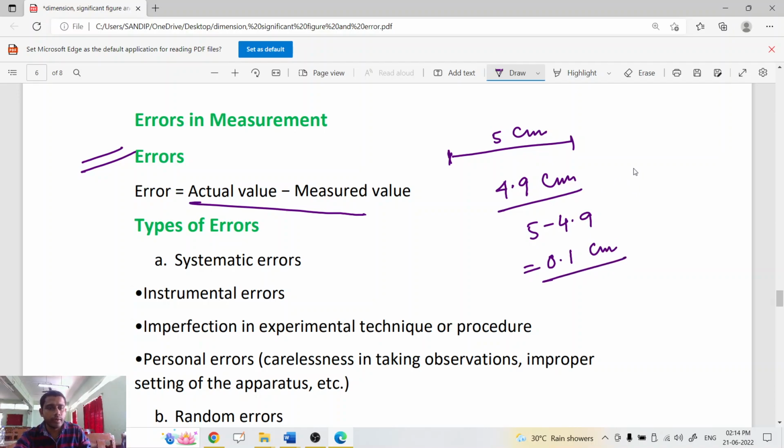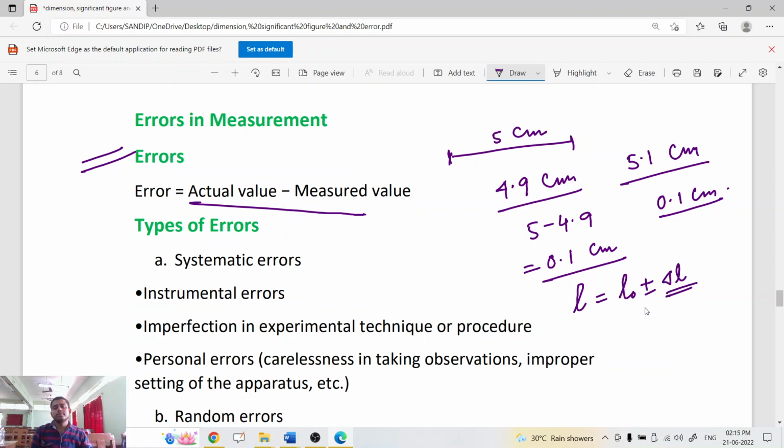Similarly, if anyone finds 5.1 centimeter, in this case also the error is 0.1 centimeter. In one case it is negative and in the other positive, that means we can express it as L is equal to the original value plus minus del L. Del L acts as the error.